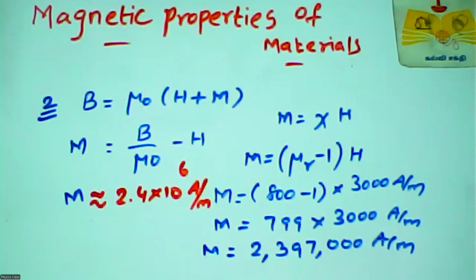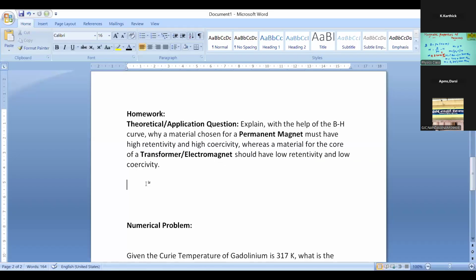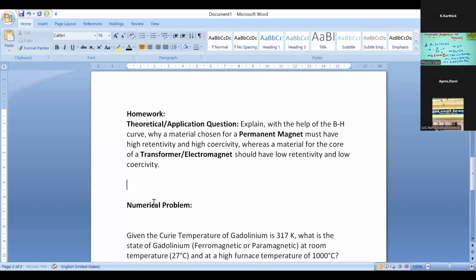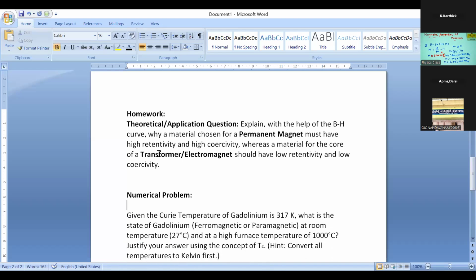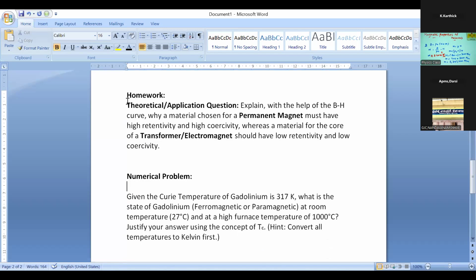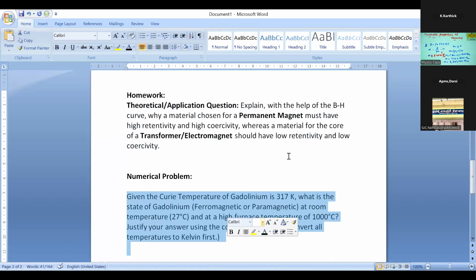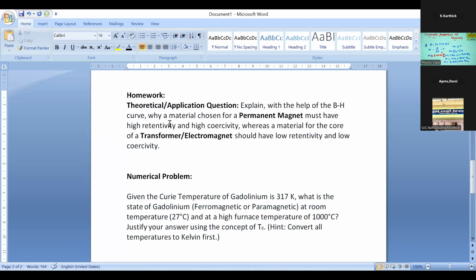Good. So now please note the homework. This is your homework. Please write it down. This is a theoretical question, and this is a numerical question. Theoretical question: explain with the help of the B-H curve why a material chosen for a permanent magnet must have high retentivity and high coercivity.